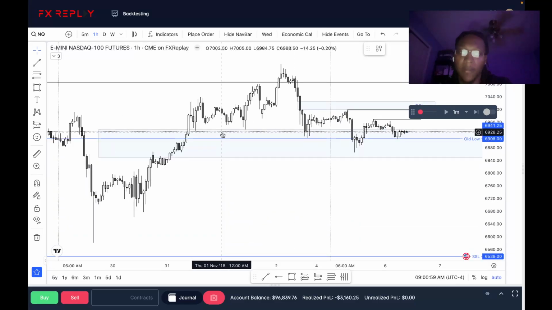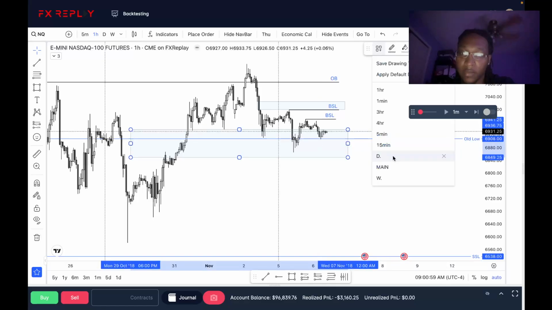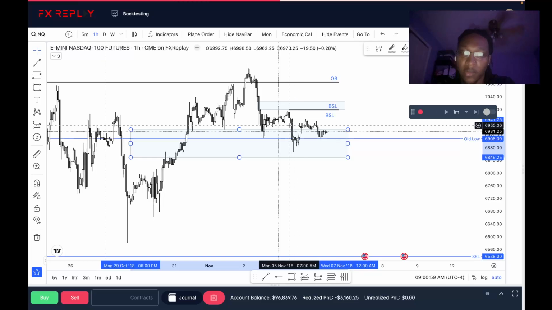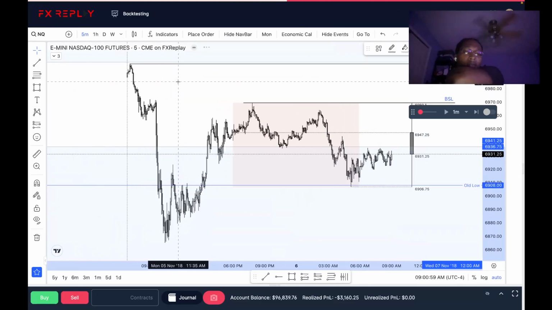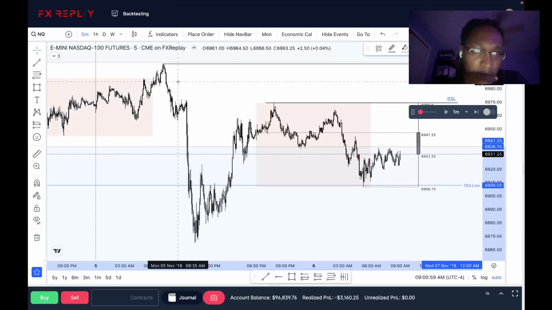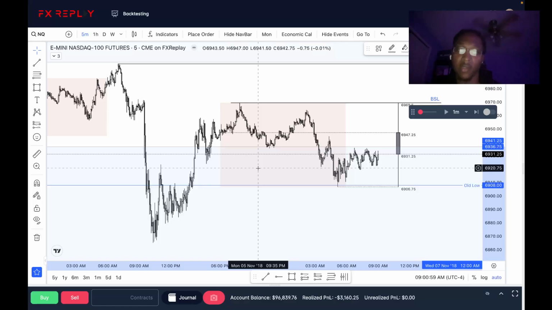So what I would like to see is if we find support here at this daily inefficiency, we push up for the buy side, take those out, and then drop lower daily. So Monday was a no trade, I believe. No, Monday would have been a potential trade if I got a retracement because we ended up dropping down.